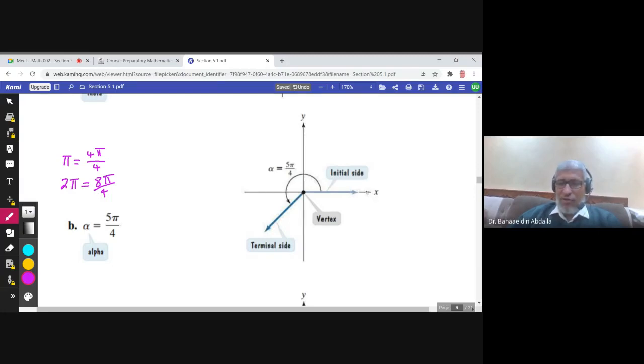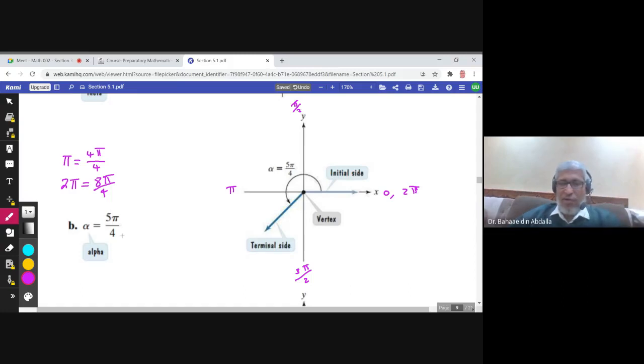So when you start from here, this is the angle 0. This is the angle pi over 2. This is the angle pi, the straight angle. And this is the angle 3 pi over 2. And this is also the angle 2 pi. So 2 pi is a complete rotation. So this is 0 and 2 pi at the same time.